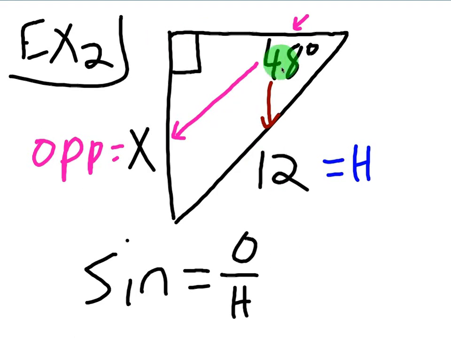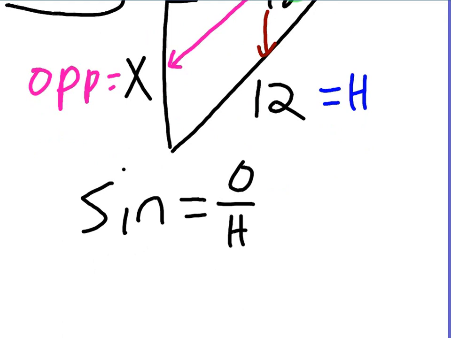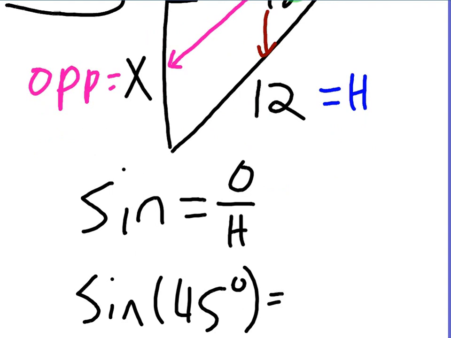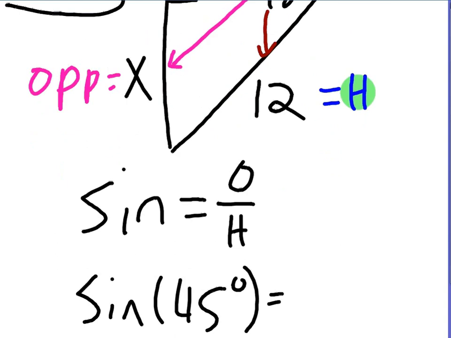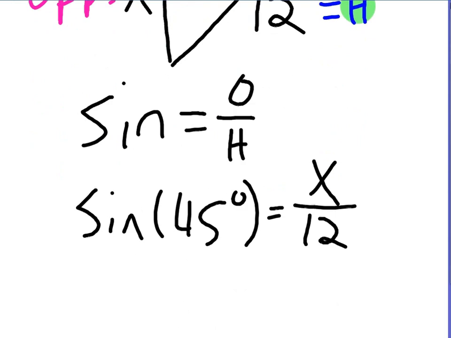And since it involves 48 degrees, I can go ahead and write sine of 45 degrees equals, and then if we look at what we have labeled up here, opposite is x, hypotenuse is 12, so I'm just going to write equals x over 12. Okay, and then the only other thing you have to do, it's 48. I just realized that it's 48, not 45. I wrote the wrong thing.